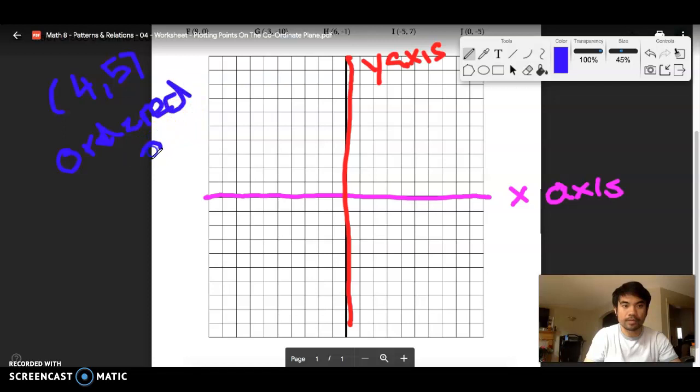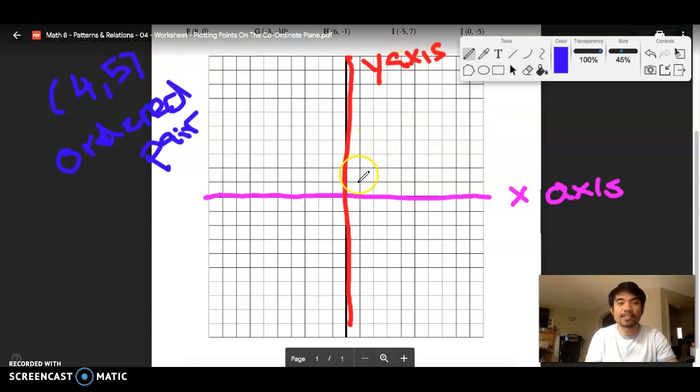This is called an ordered pair. Okay? So, we know that the ordered pair 4, 5, what is that actually? So, we know that 4 is actually our x-axis, and our 5 is actually on our y-axis.